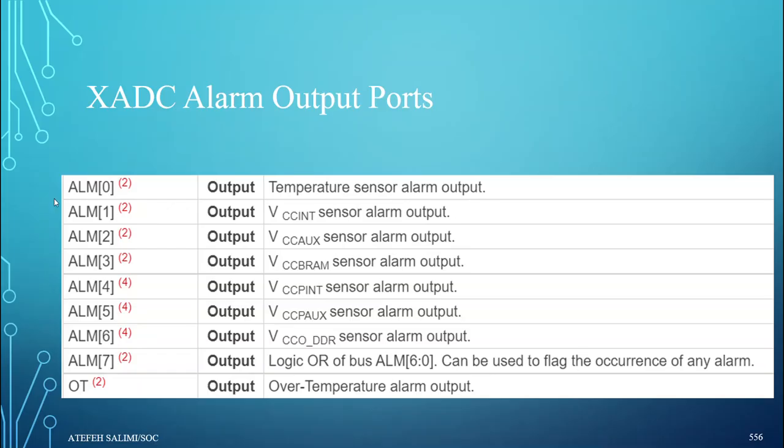For example, ALM0 corresponds to the temperature sensor alarm, while OT, the last row, indicates an over temperature condition, meaning that the chip temperature has exceeded the predefined threshold. When it exceeds a predefined threshold, it will be 1 at the output of this OT signal.